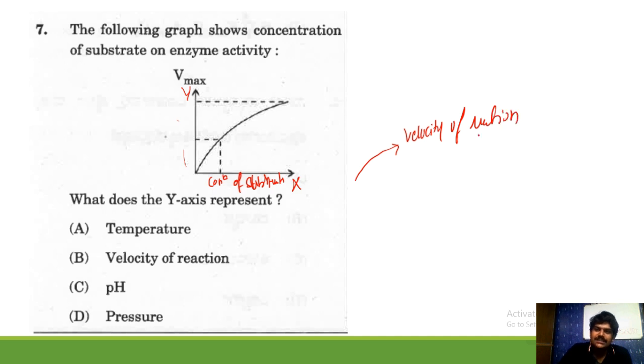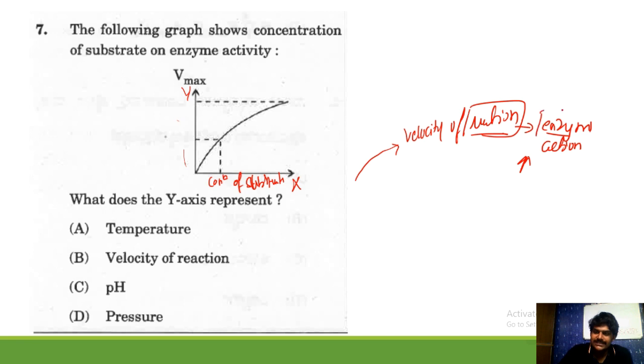Meaning the rate of reaction of enzyme action is going to rise.